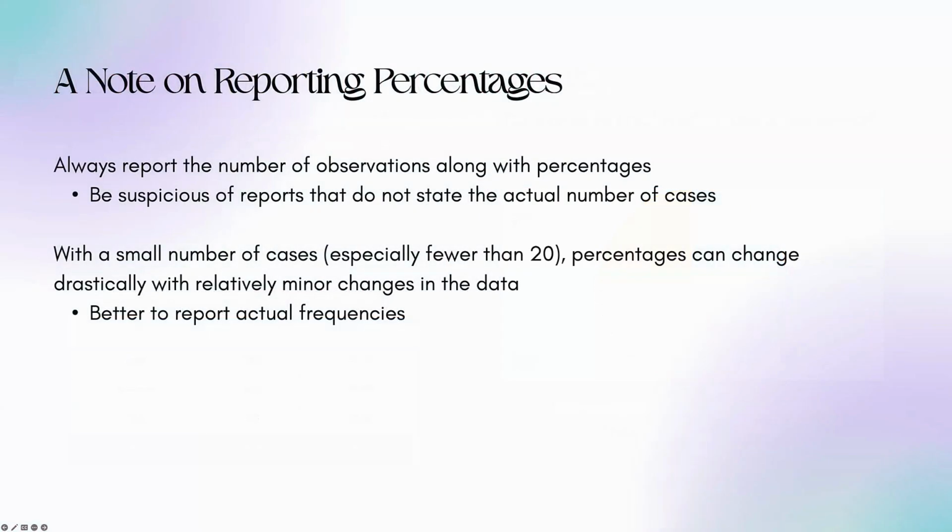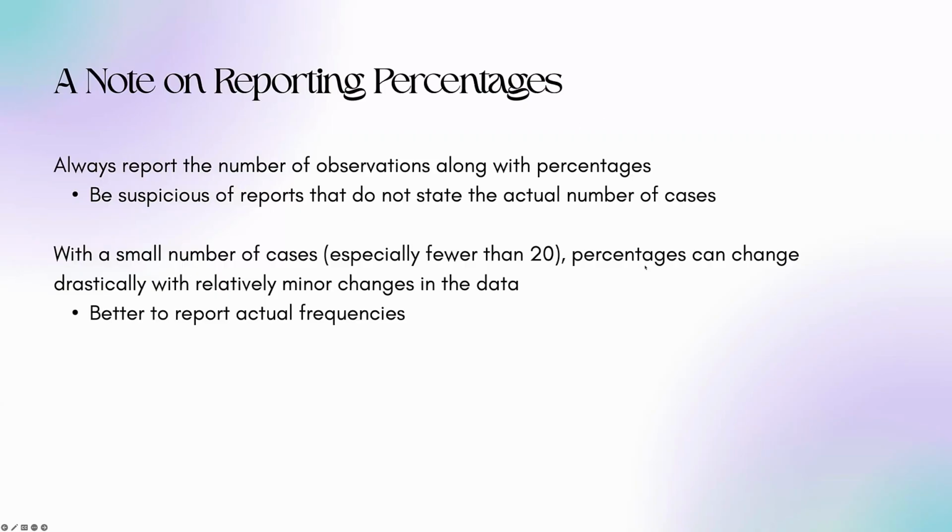So when we're reporting percentages, we always want to report the number of observations along with the percentages. What we want to be careful of is anytime we're reporting a table or a chart like that, and it doesn't have the actual number of cases, right?